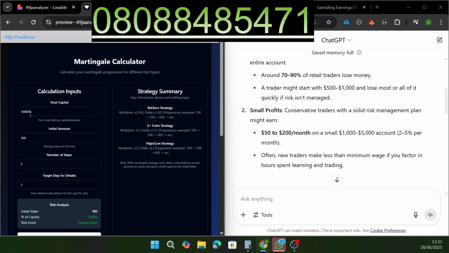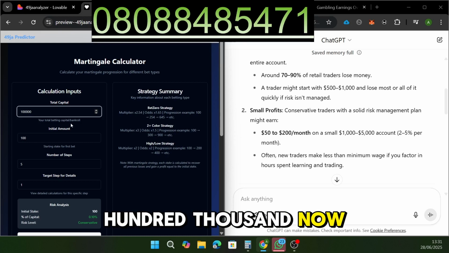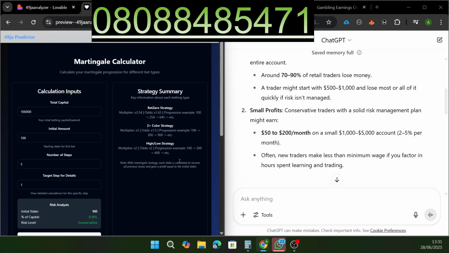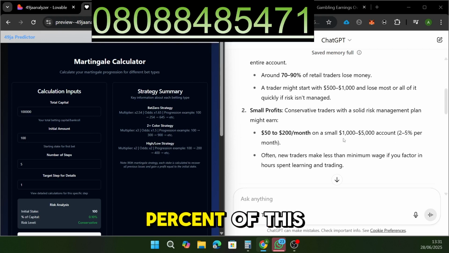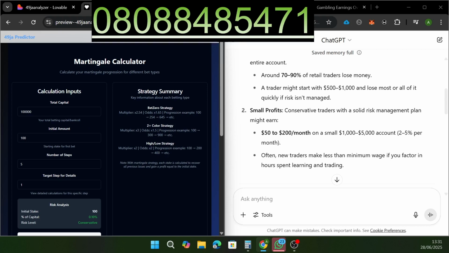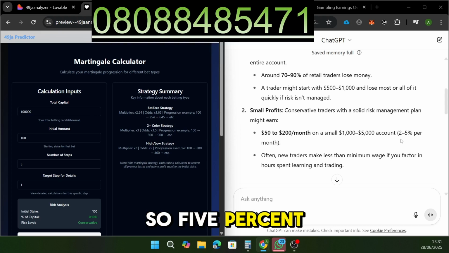Now with this 100,000, our aim is to make 2 to 5% of this amount every month. But normally the money you're making is very small. 1% of 100,000 is 1,000, and 5% is 5,000. I know it's very small.